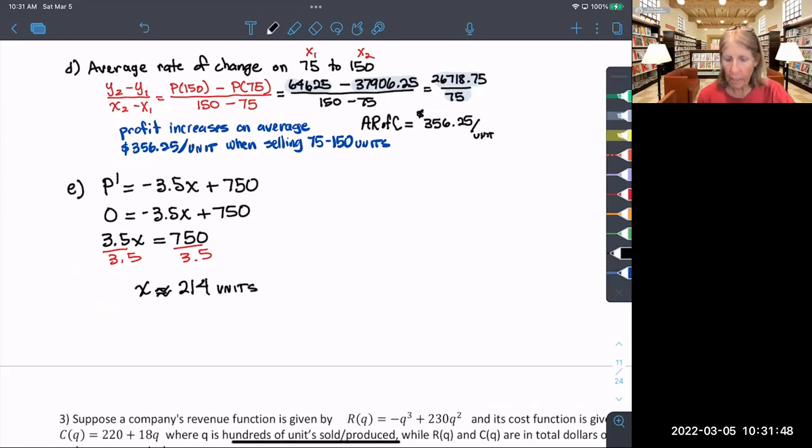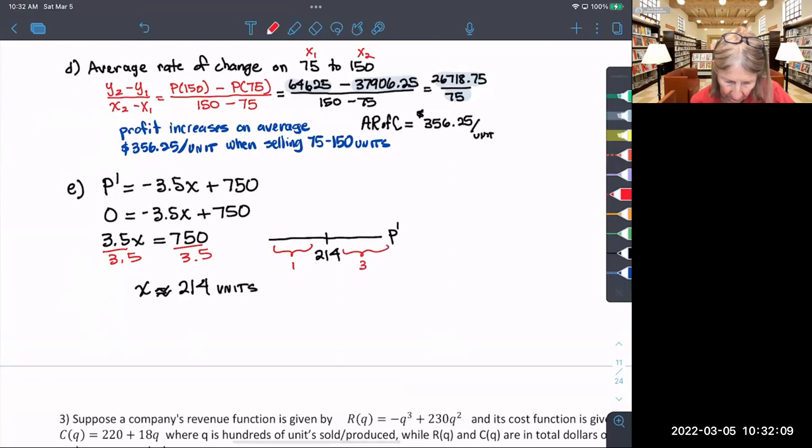Now let's double check with a little derivative test that this 214 is actually where the increasing begins to decrease. So let's pick a couple of points, one on the left of 214, maybe 1, and something on the right of 214, maybe 300.